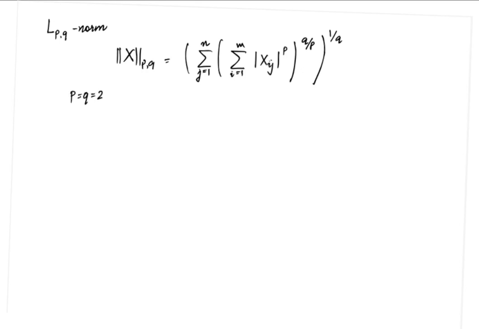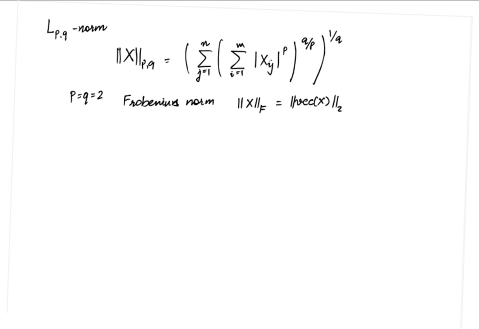A particular example is the Frobenius norm, which is basically the L2 norm of the vectorized version of X and occurs for P equal to Q equal to 2. Here vec of X denotes the Mn cross 1 vector formed by stacking the entries of X.